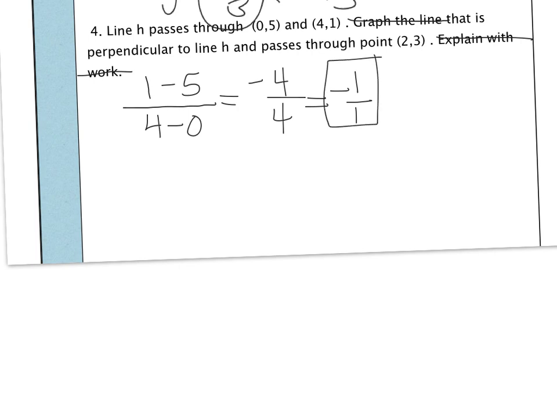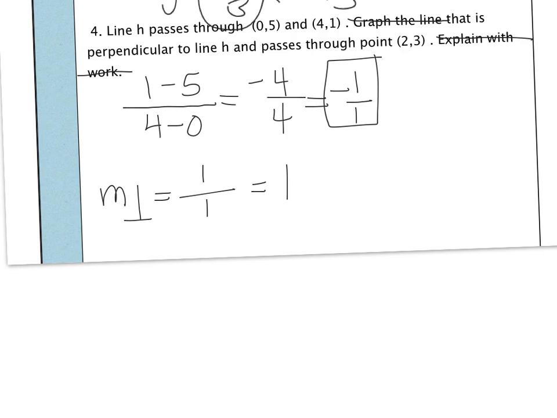So now I want to take the new slope, which is going to be perpendicular. The slope of a line perpendicular, excuse me, would be, we're going to take this and flip it. Well, negative 1 over 1, if you flip it, it's still 1 over 1, but the sign will be positive, okay? So our slope is going to be a positive 1, basically.